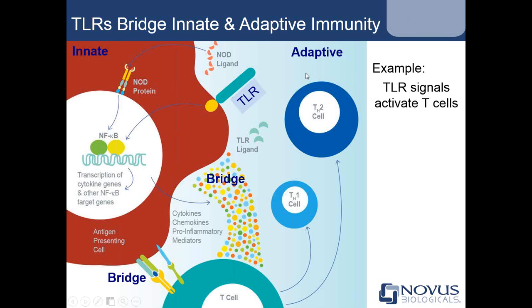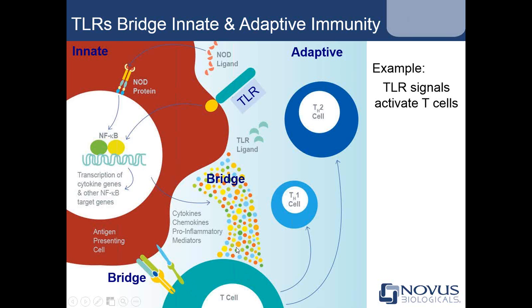And I'll just show you one example here whereby in the classical innate immune system we have TLR activation through the antigen presenting cells, and the antigen presenting cells then bind to the T cells, which then cause downstream inflammatory responses.